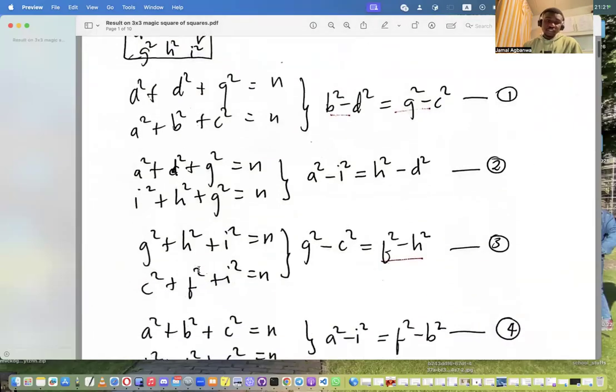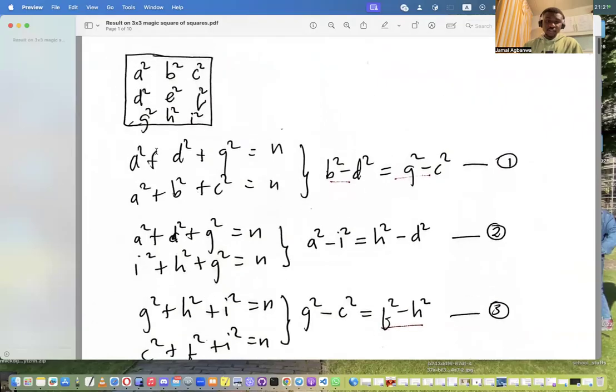Considering the second pair, the first thing was we took this and this, now we're taking this and that, and you find they have a common term, g squared, canceling out if you subtract.